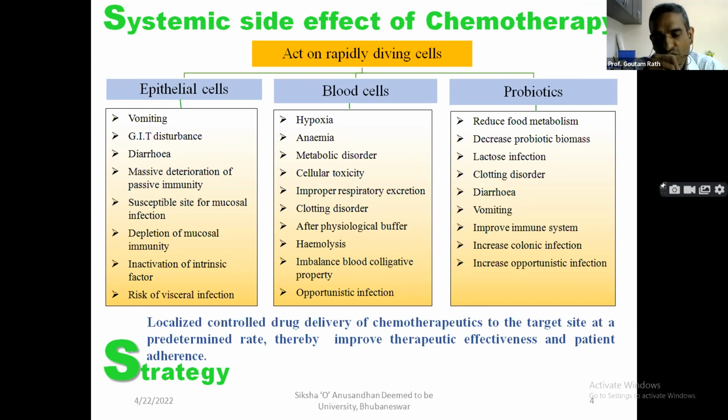The masks which are prepared from nanofiber, the development is just from the last 2 to 3 years, are much more effective than N99 masks. So why are nanofibers exciting materials for masks?